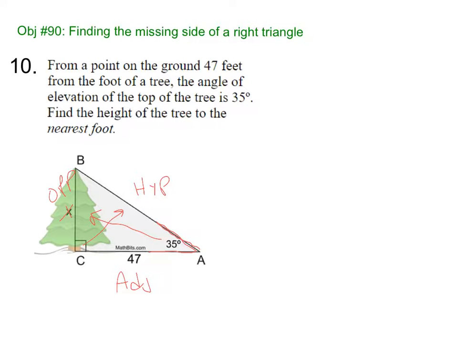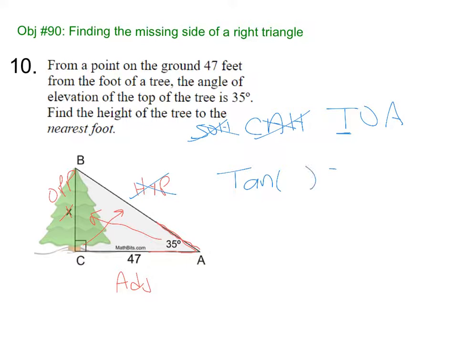We do not have anything with the hypotenuse side, so that means we're using O and A. So, nope, that one has an H in it. That one has an H in it. TOA. So we're using the T for tan. Tan of 35 equals O over A. Order matters. The O goes on top, the A goes on the bottom.